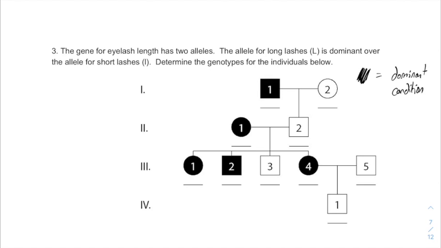And so we see the long lash person crossing with a short lash person, and they have a child with short lashes. Later on, we figure out that this person has the recessive genotype, and that person has the recessive genotype, and this is the dominant genotype, or the heterozygote, but they express the trait, which is why we've shaded in the square.